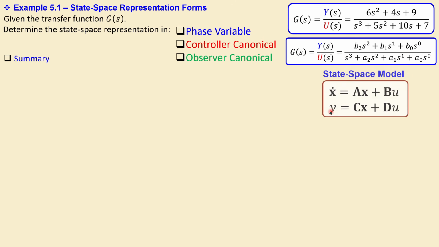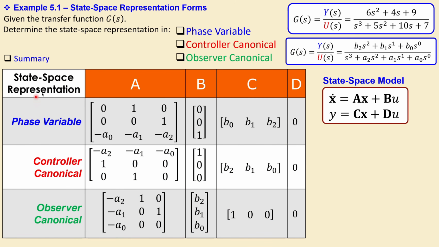Okay, now let's get them together in summary. This is what we had. This is the state space model, and this is now the representation: phase variable, controller canonical form, and observer canonical form. I have discussed these 3 specifically because these 3 are most often used in the state space controller design. You can see also differences in the A matrices and the representation, also the B, the C, and the D. In this case, these are all assumed as 0.